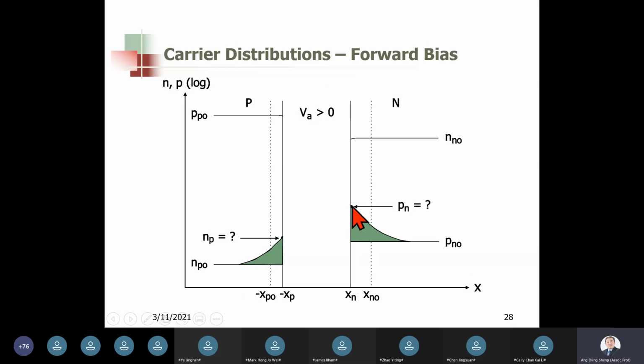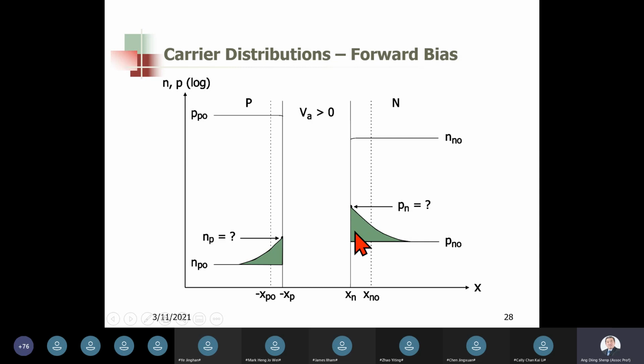What is this line that decreases and eventually seems to merge with Pn0? This line actually describes how the excess hole concentration will vary with distance in the quasi-neutral N region. Later we will have an equation that describes this line when we solve the continuity equation.